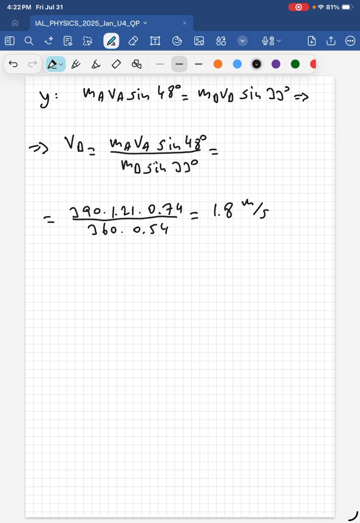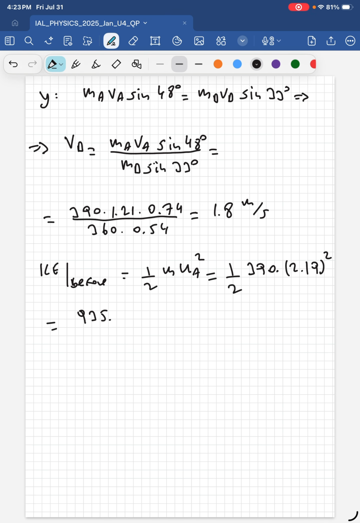So let's find the kinetic energy before. That's just 1/2 m uA squared, the initial velocity. So 1/2 times 390 times 2.19 squared, which is equal to 935.24 joules. And the kinetic energy after is 1/2 mA vA squared plus 1/2 mB vB squared.